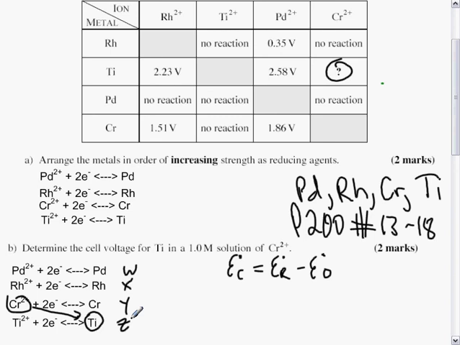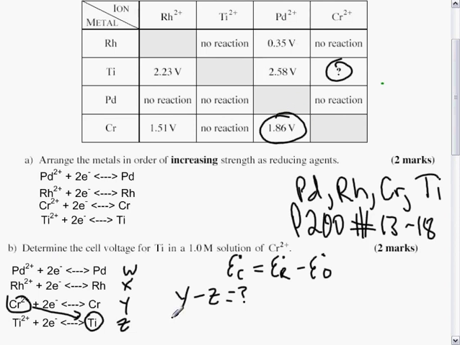And we have quite a number of the cell voltages given in this table up here. And so for the question that we're just asked, titanium and chromium, then Y minus Z is equal to, that's the one we wish to know. We do, however, know from here, palladium and chromium, I believe. So we know this value.